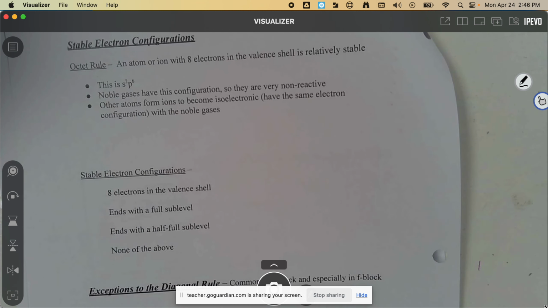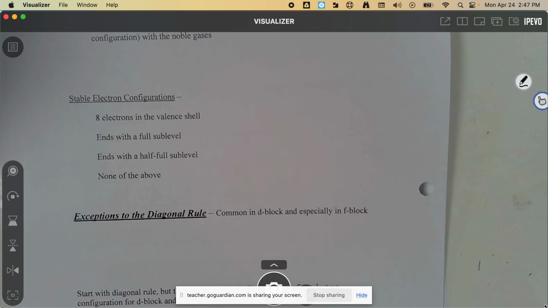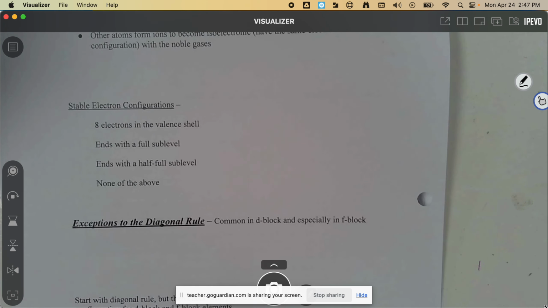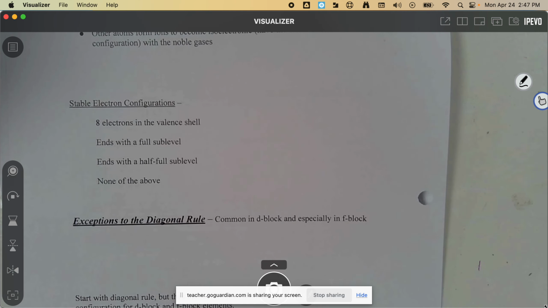Noble gases already have that, so they're fairly non-reactive. Other atoms form ions to try to get to the same electron configuration as the noble gases. There are, however, other second best situations. So when you look at an electron configuration and try to decide if it's stable or not, 8 electrons in the valence shell is the best.